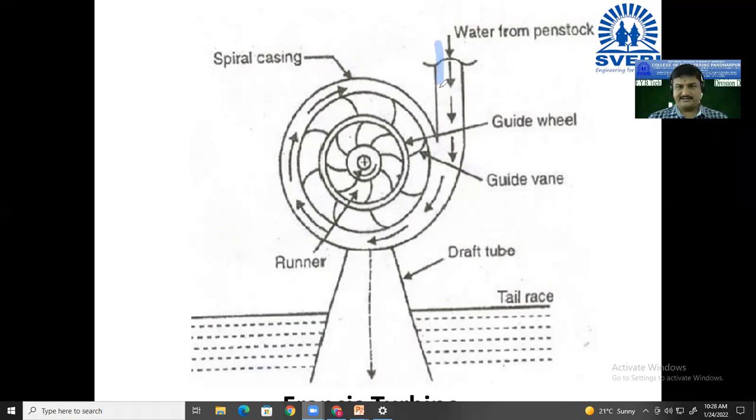So water is taken from this upper end. And this water is coming with high pressure, so that this water is circulated inside this turbine.